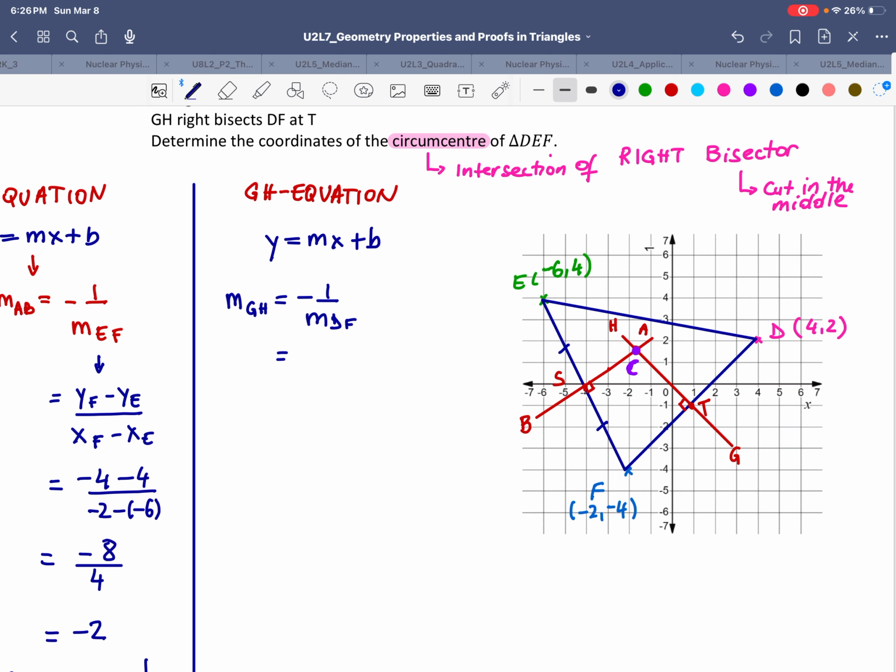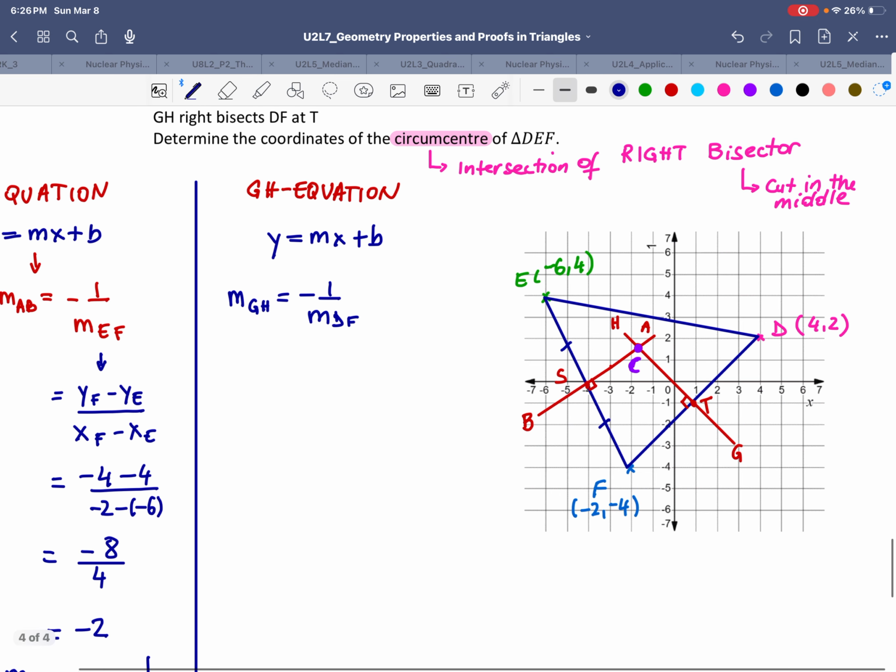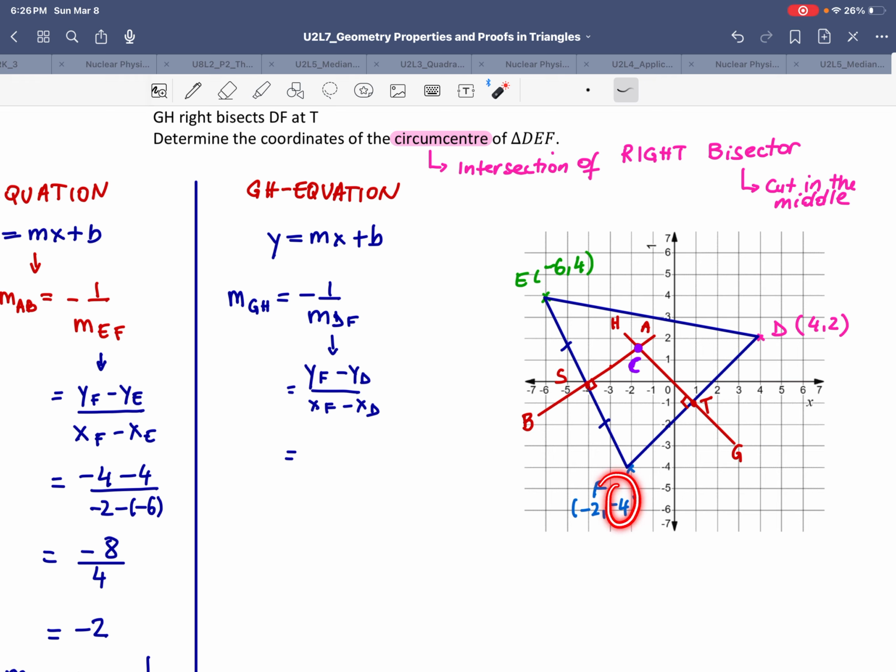The slope of DF is y at F minus y at D over x at F minus x at D. So -4 minus 2, divided by -2 minus 4. So here we end up with -6 divided by -6, which equals 1.